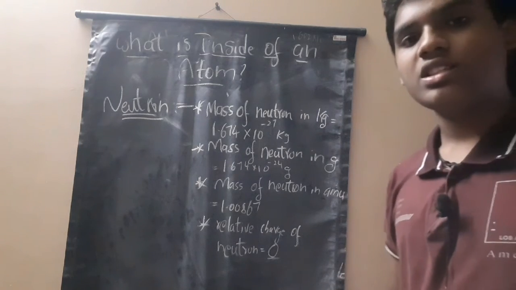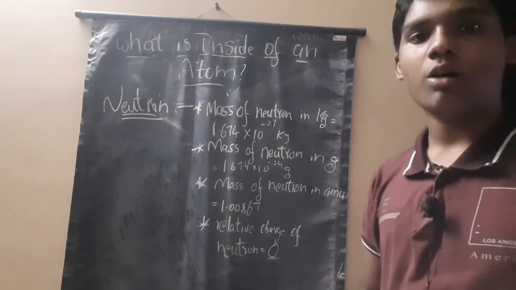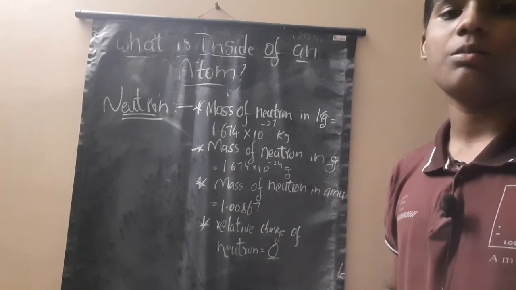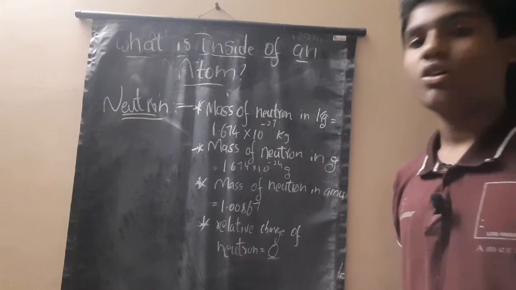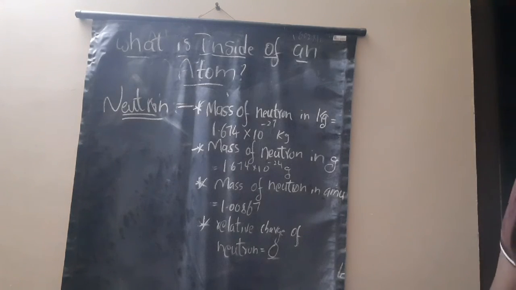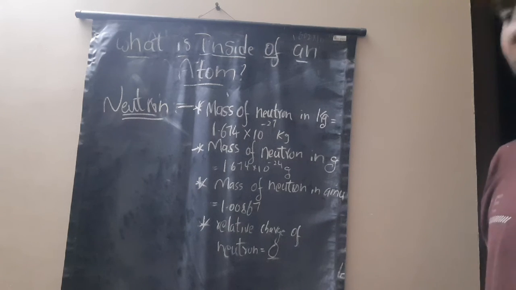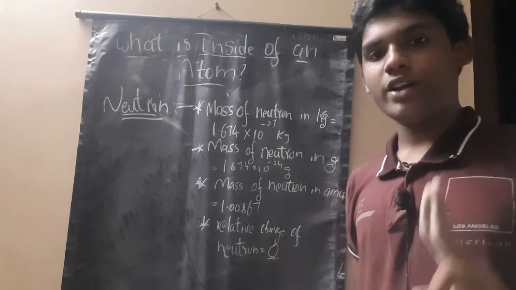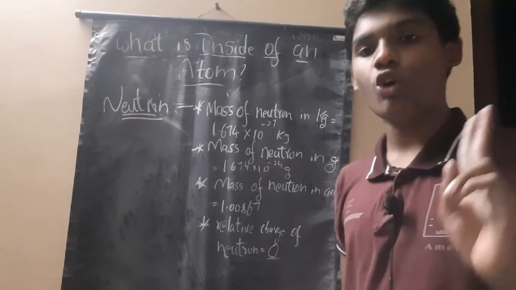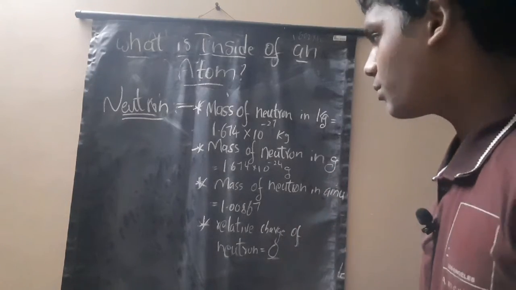These are the three subatomic particles that we discussed in the previous video and this video. The three subatomic particles are completed, and now let's see two important points among these three subatomic particles.